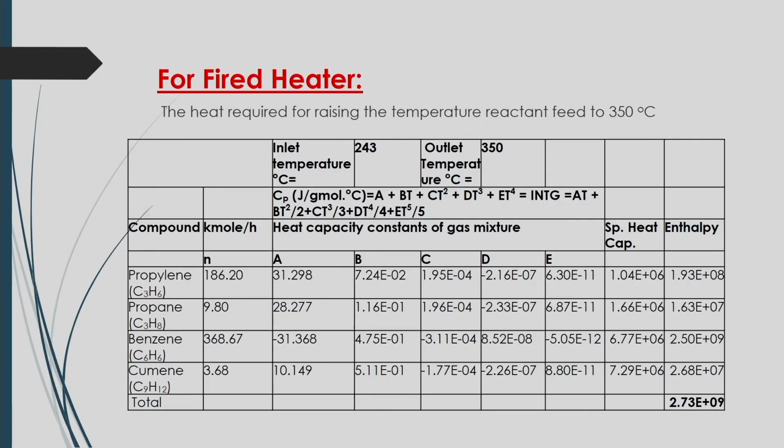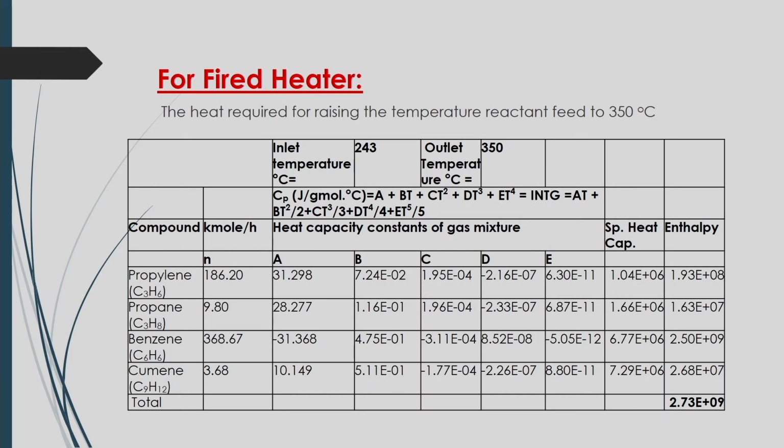Similarly, you have to do the energy balance for the fired heater also, where this feed mixture of propylene and benzene is to be heated up to a temperature of 350 degrees Celsius. So, what will be the amount of heat required for raising the temperature of this reactant mixture of propylene and benzene to 350 degrees Celsius?